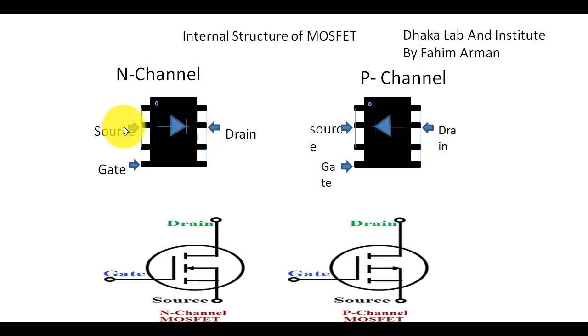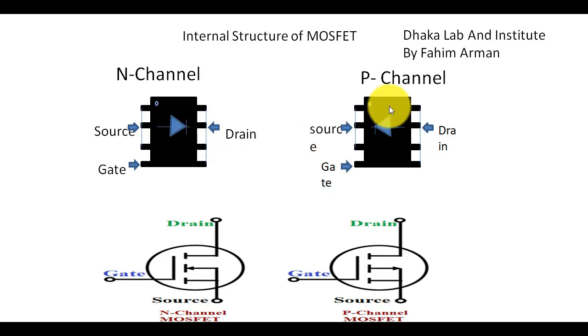If you inject voltage from the source, it will pass easily without gate switching. If you want to pass voltage from the drain side, the cathode point, you need gate switching. If you switch the gate, then voltage will pass from drain to source.